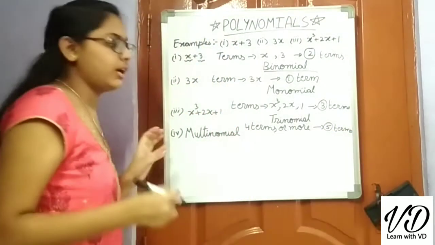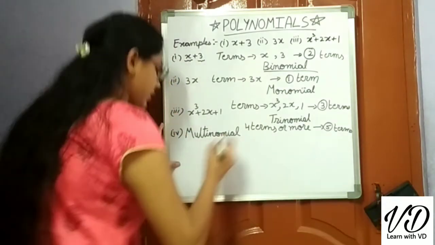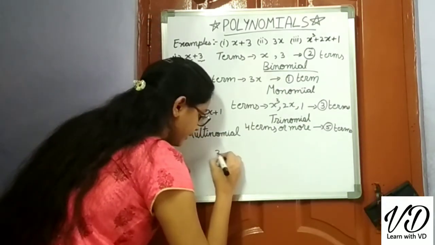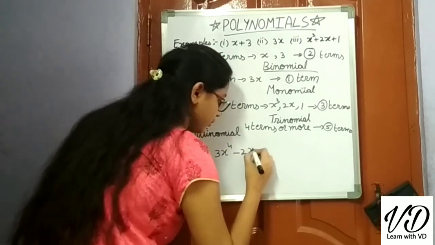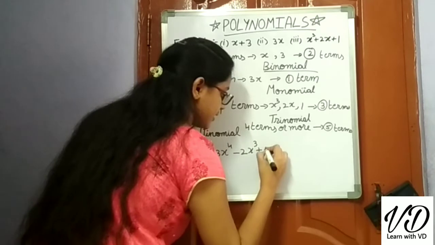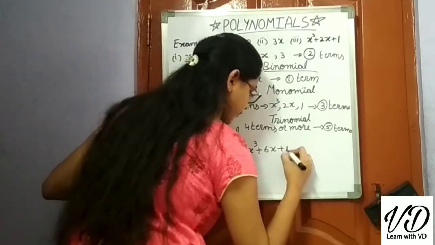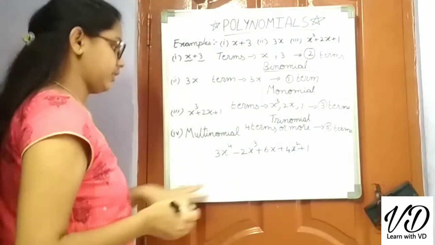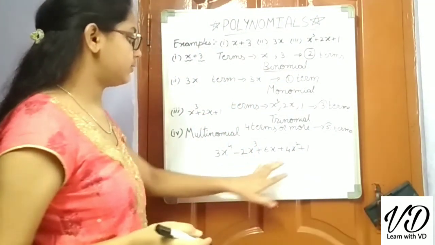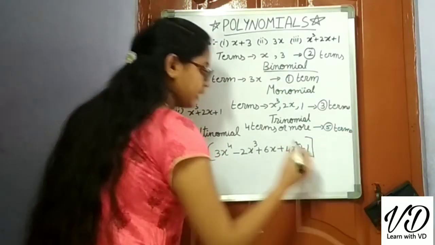So we need to frame a polynomial which has 5 terms. Let's say 3x power 4 minus 2x cube plus 6x plus 4x square plus 1. Here we have 1, 2, 3, 4, 5 terms, which is a multinomial.